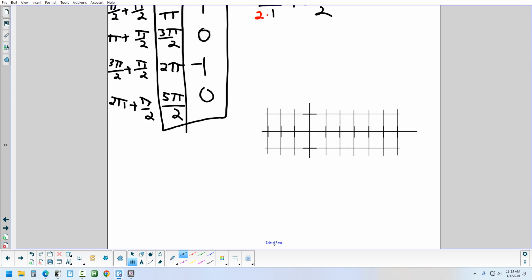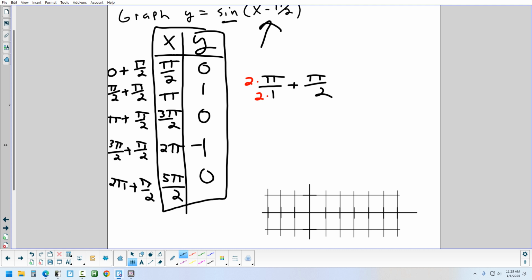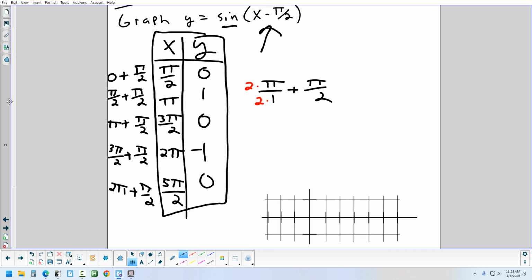If you don't label a graph paper, what does each tick mark normally represent? 1. We don't want to go by ones because these are pretty awful numbers to go by ones. 1.57, 3.14, 4.7, 6.28. You're going to have to be estimating in between all these lines.